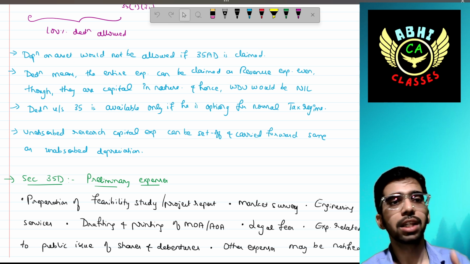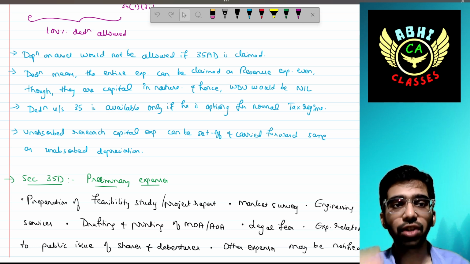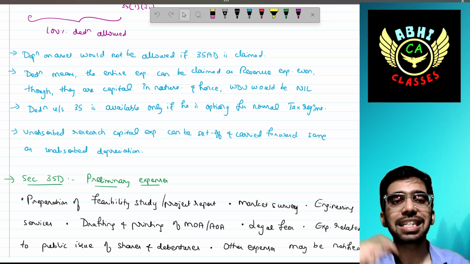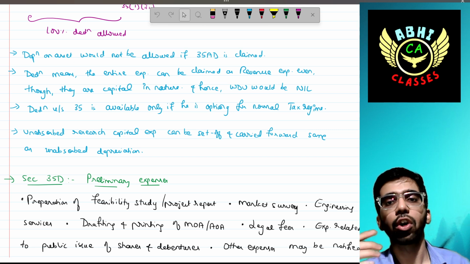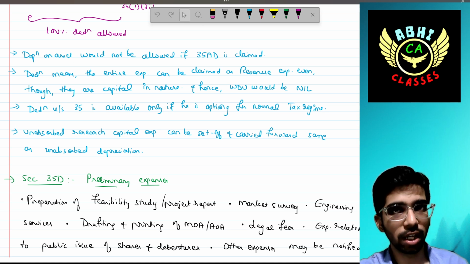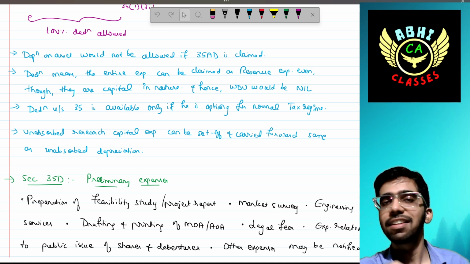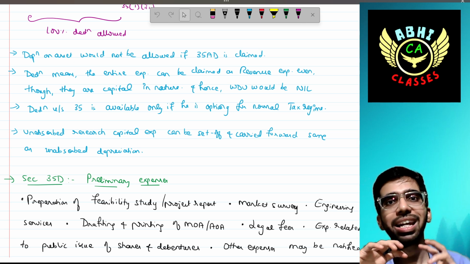The same concept. The deduction under section 35 is available only if he is opting for the normal tax regime. If the SSE is opting for 115BAC, that is the new tax regime, then this section would be invalid.